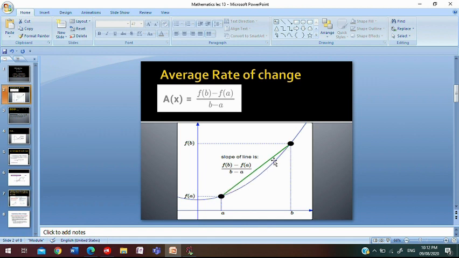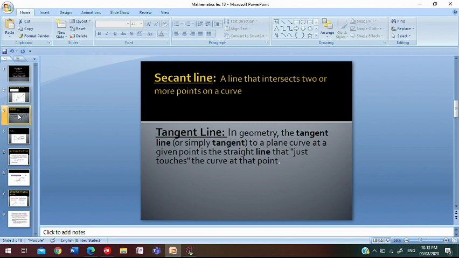By using this secant line method, you can calculate the average rate of change. Here you have the definition of secant line and tangent line, because we have used these two definitions many times.